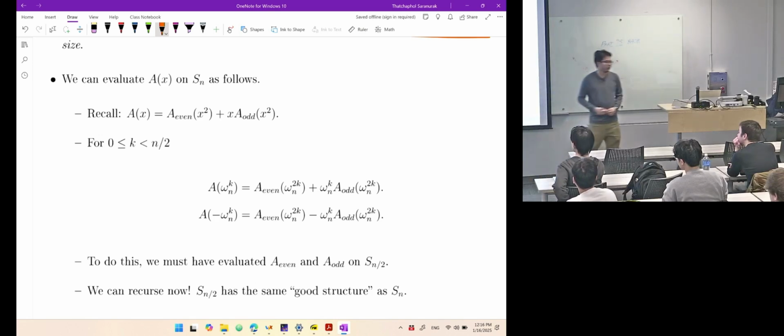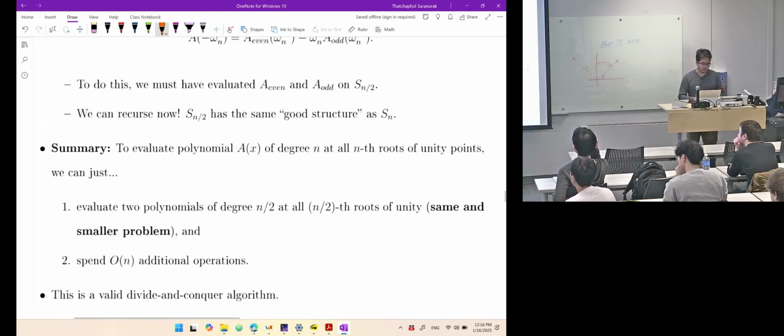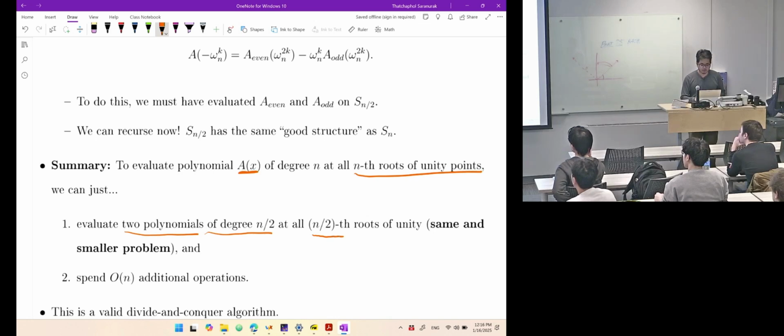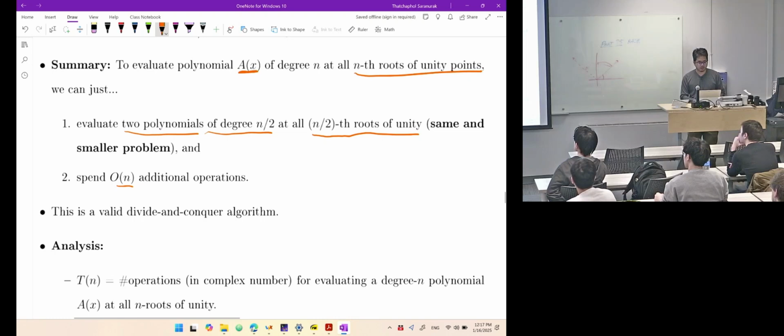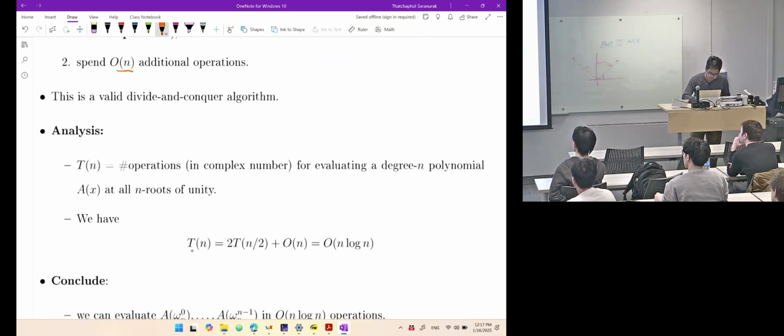So to evaluate A of degree n at the n roots of unity, we just evaluate two polynomials, A even and A odd, which have degree n over 2, at the n over 2 roots of unity, and spend additional operations. So this is now a valid divide and conquer algorithm, which gives us this kind of recurrence, which is n log n.